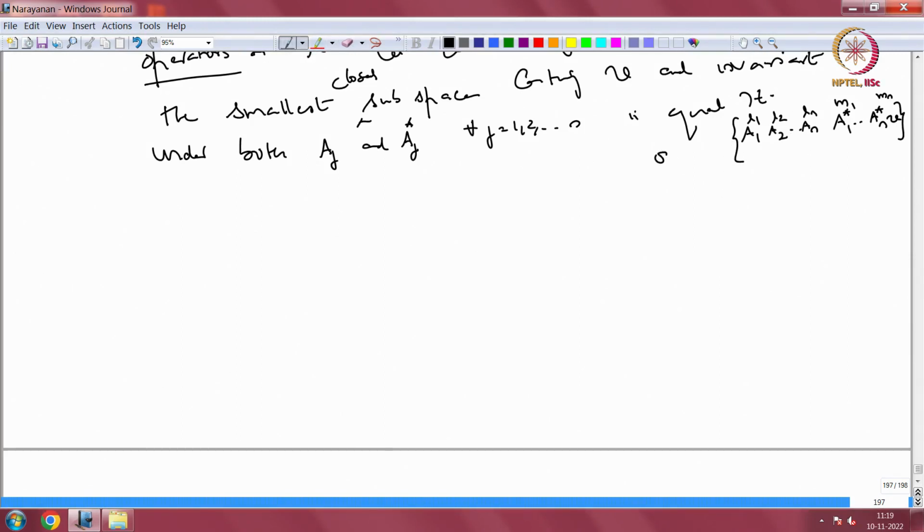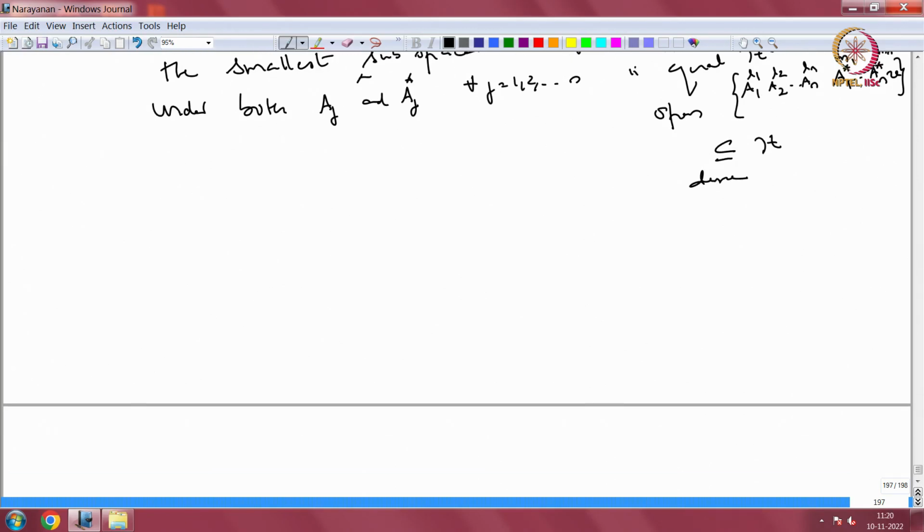Okay. So, look at the span. So, this is contained in H densely, right. So, that is what you mean by V is a cyclic vector. Okay. So, in the cyclic vector case you have a measure and you have multiplication by Zj's.